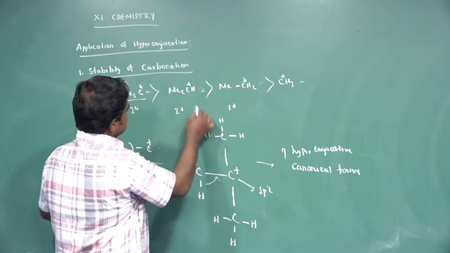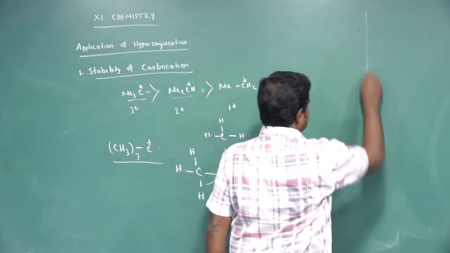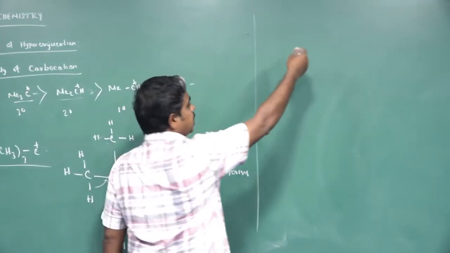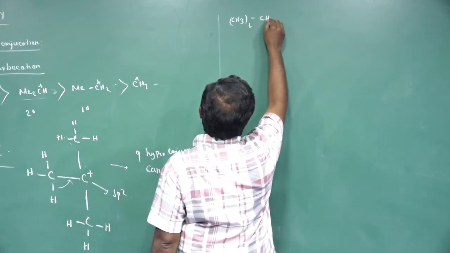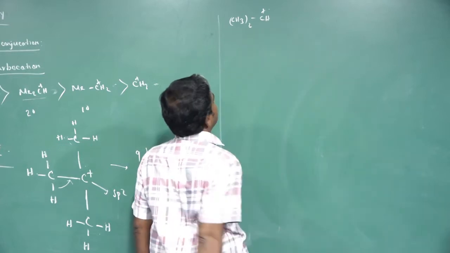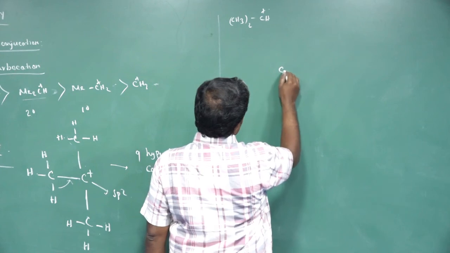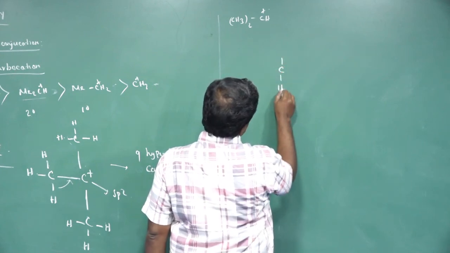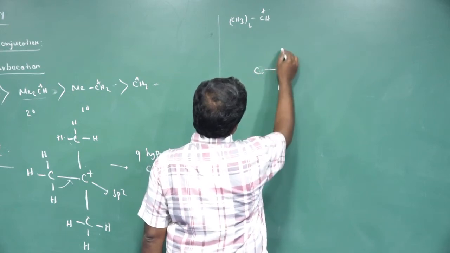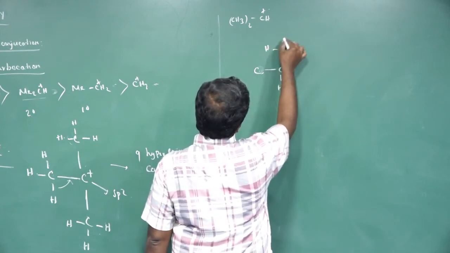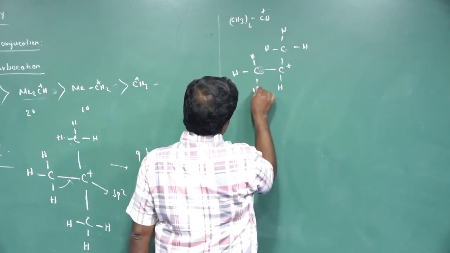If we consider secondary carbocation, how many hyperconjugative structures are possible? It is a secondary carbocation, CH, attached with 2 carbons, and each carbon contains 3 hydrogen.